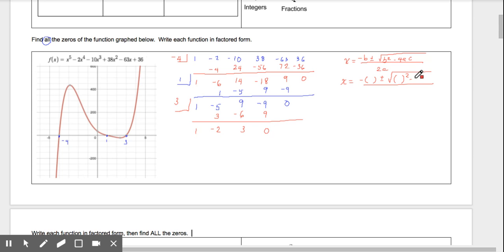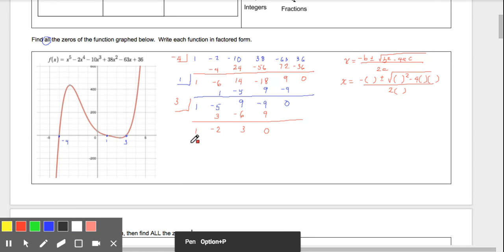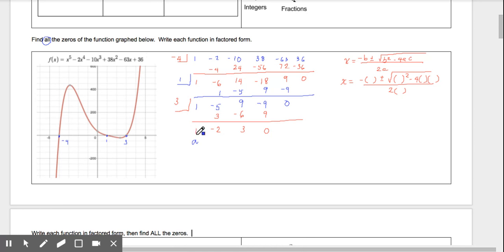Here's our value for a. So a is 1, b is negative 2, and c is 3. So we're going to plug it in here.